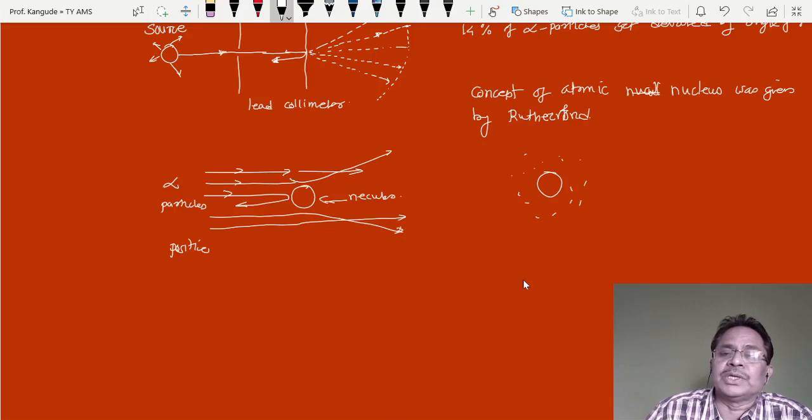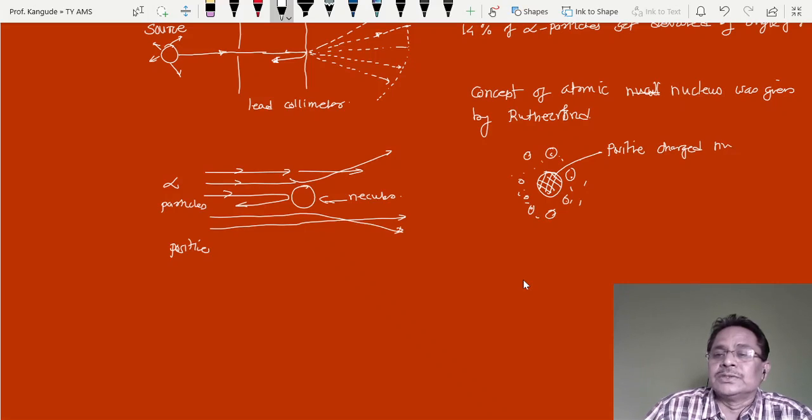These are the electrons, and I don't know whether they are moving or stationary. So this is the idea, and this is the nucleus: all the positive charge material, a positively charged nucleus.